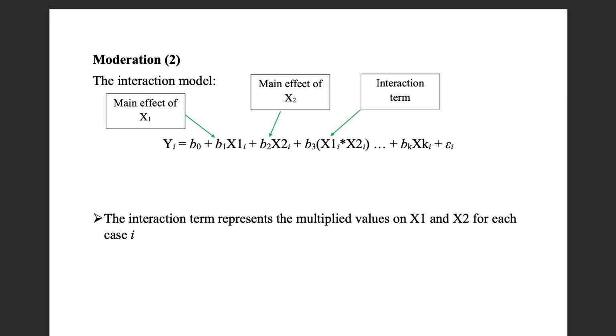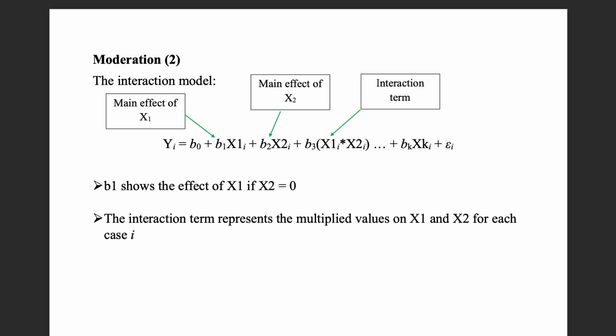So we have a main effect for x1 and we have a main effect for x2, and we have an interaction term where both x1 and x2 are multiplied with each other, and then we have a separate b3 coefficient for that interaction term.